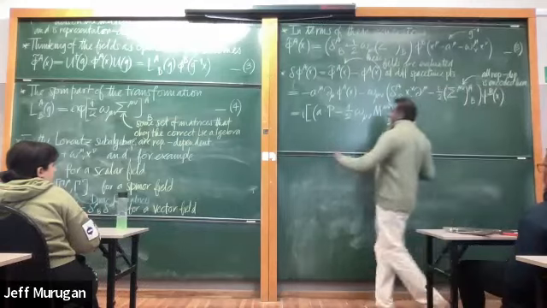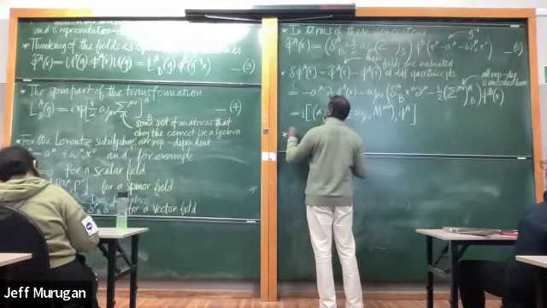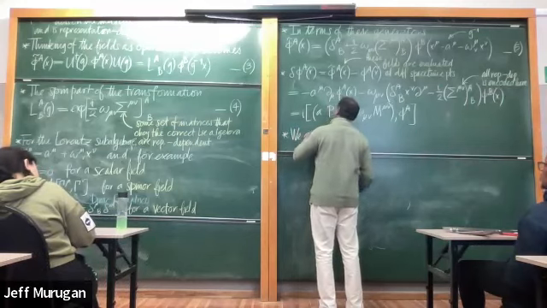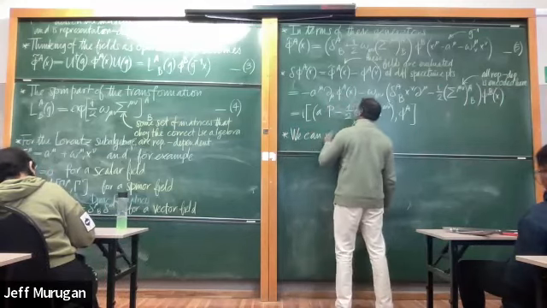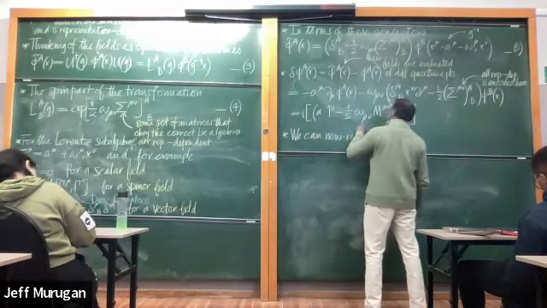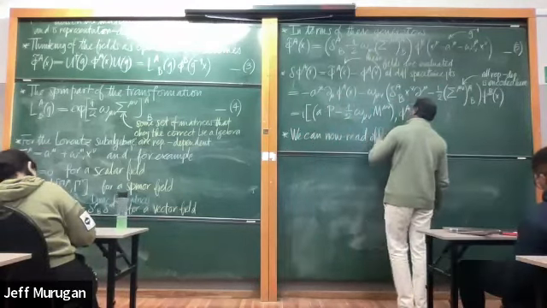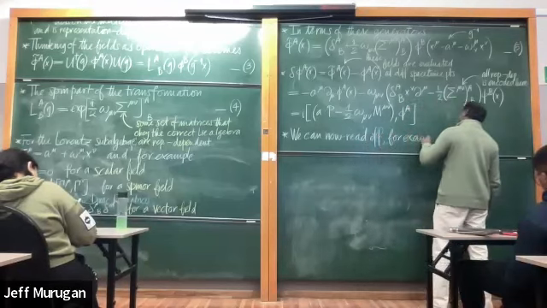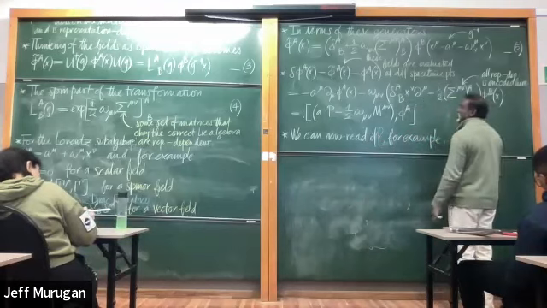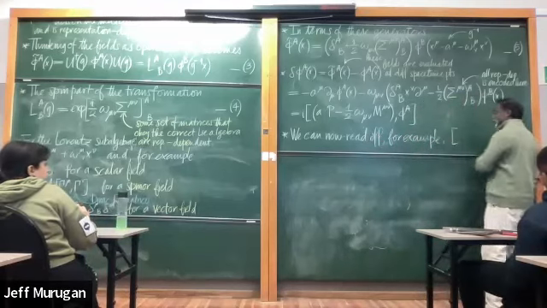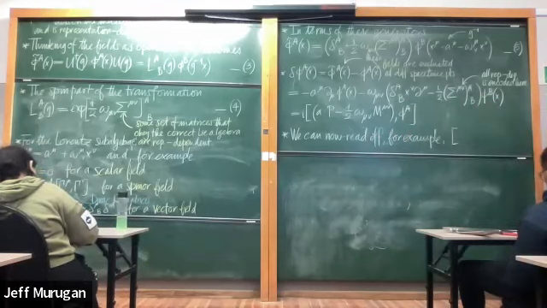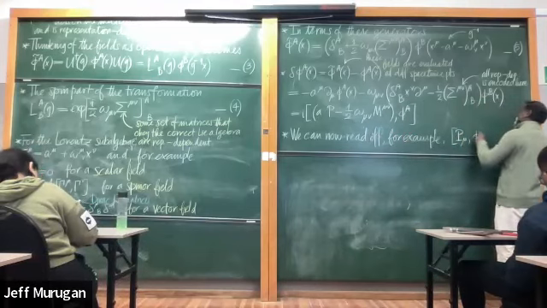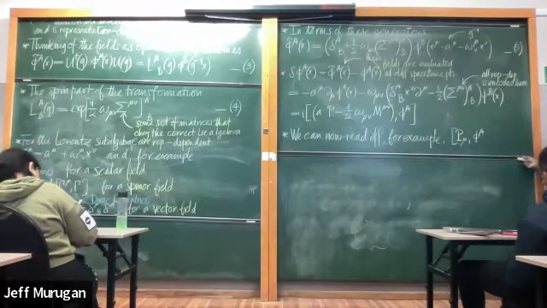So, for example, if I ask what is the action of the momentum generators on the fields phi A, that's P mu phi A of x.